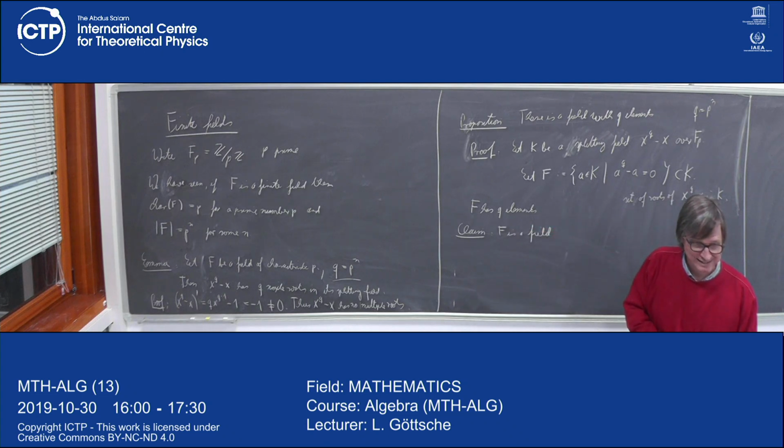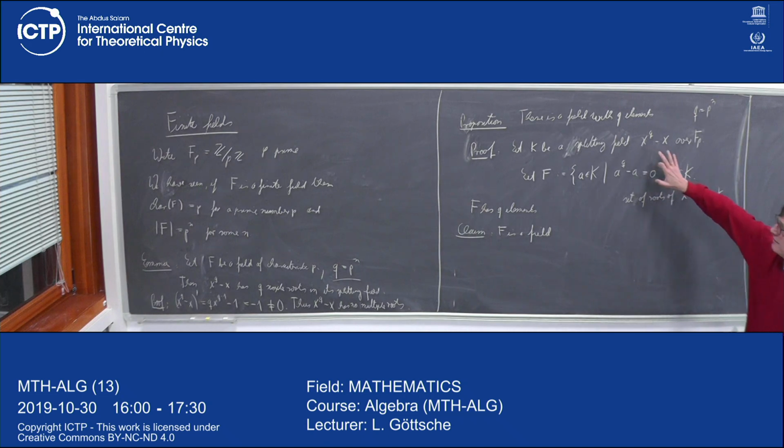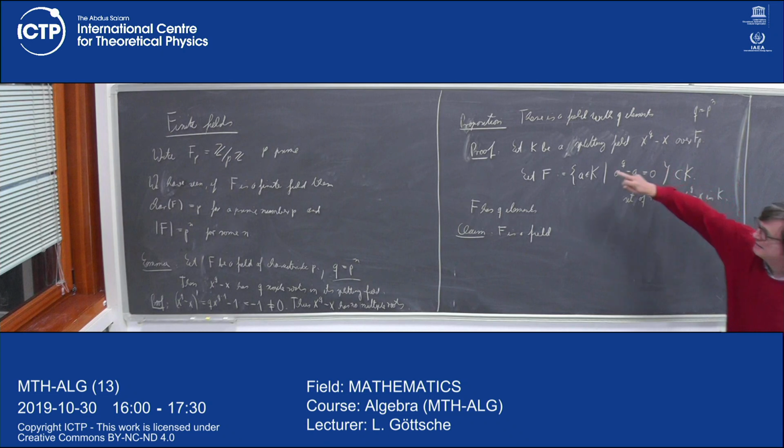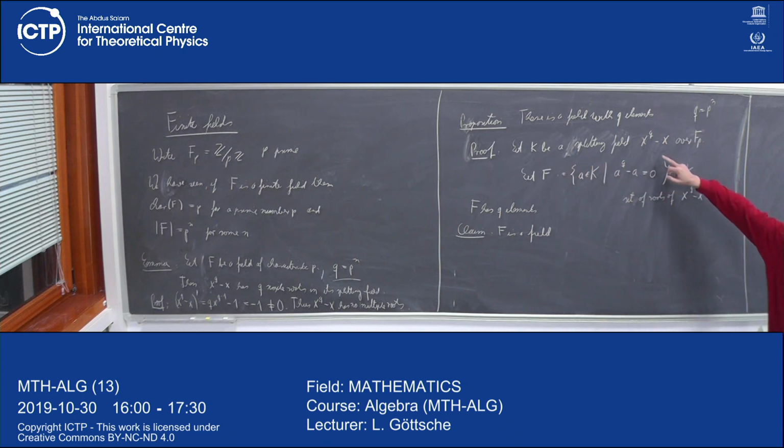If it is a field, then its characteristic will be P. Well, this thing already has characteristic P, because K is the splitting field of x to the Q minus x over Fp, and Fp has characteristic P, and any extension has characteristic P.